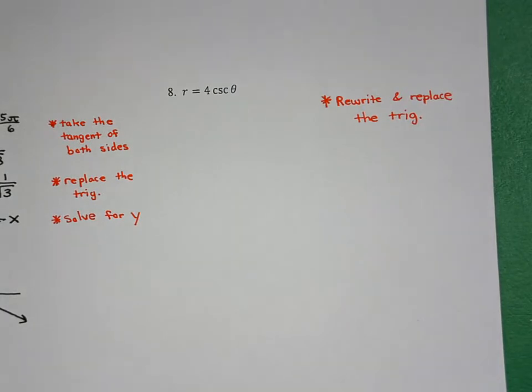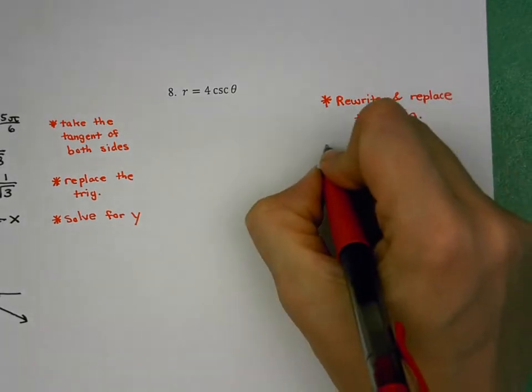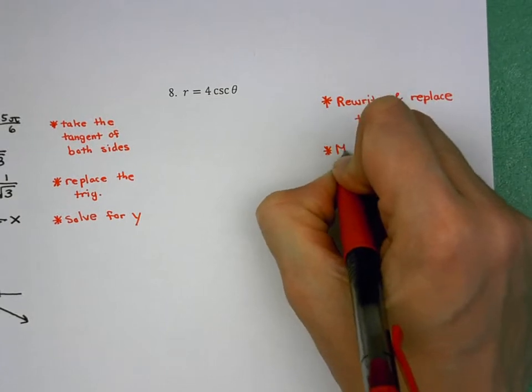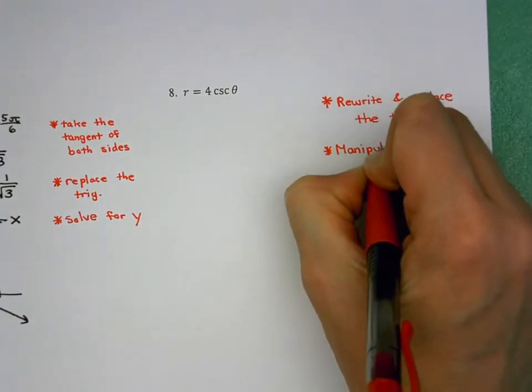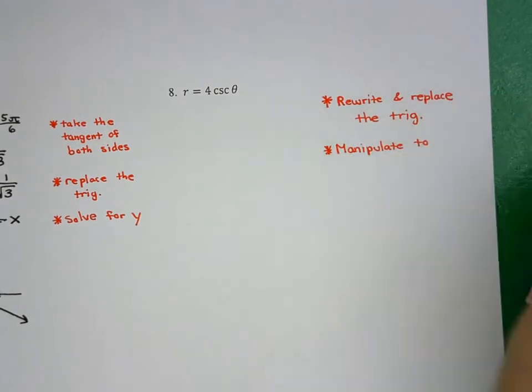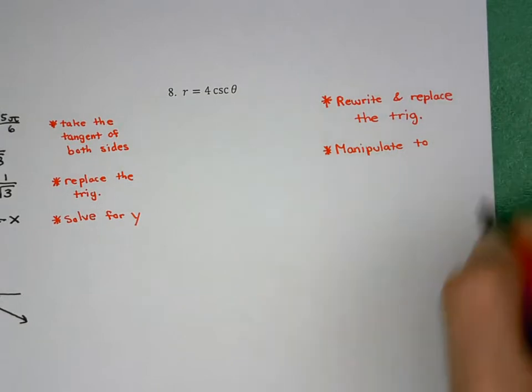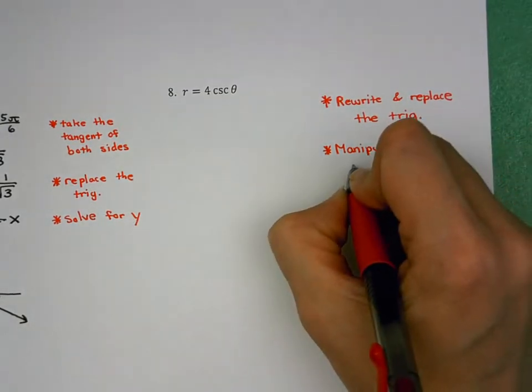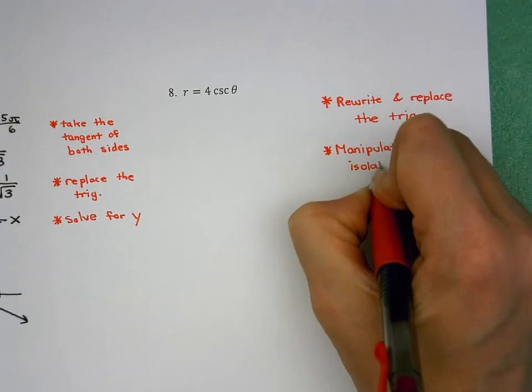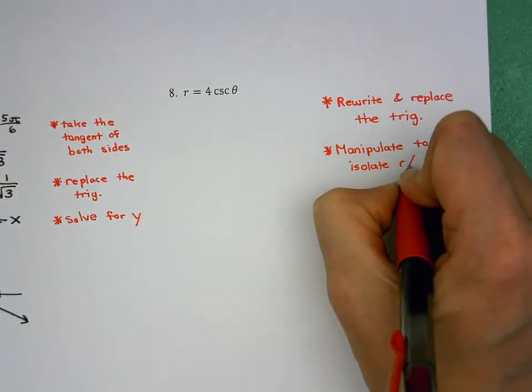Okay? And then you are going to manipulate, and again, I'll clarify this as we continue, but you're going to be manipulating to solve for your r in this particular case, or r squared as much as possible. So manipulate to isolate r or r squared.